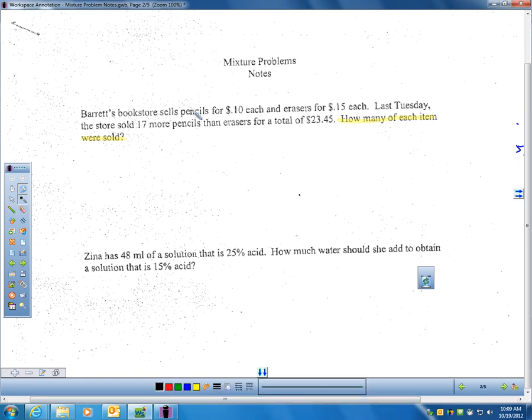Here are some words that would describe the situation. The pencils sold plus the erasers sold has to equal $23.45. Now, you might not think that's a big deal, but as a math teacher, I think that's a big deal.